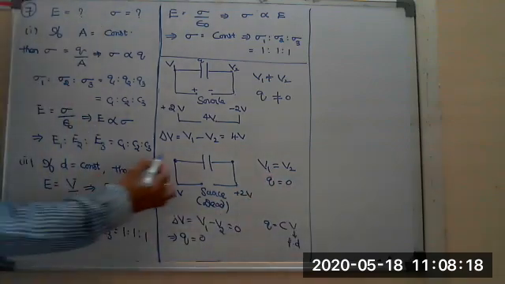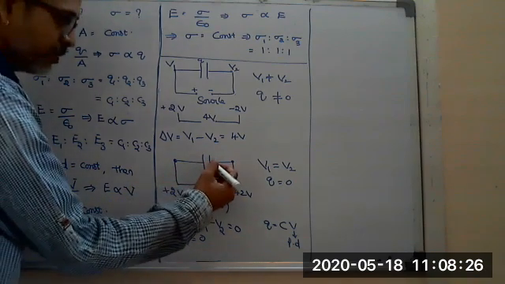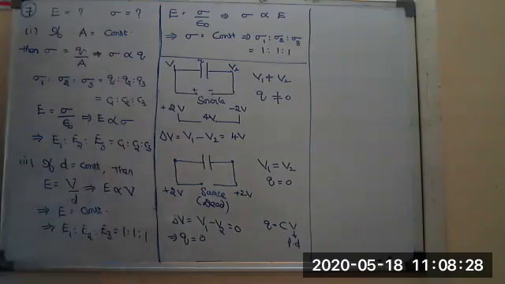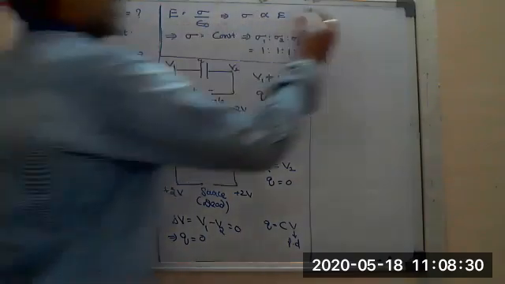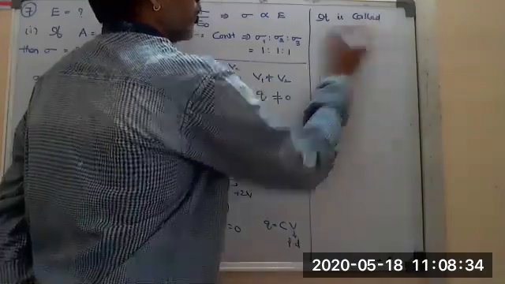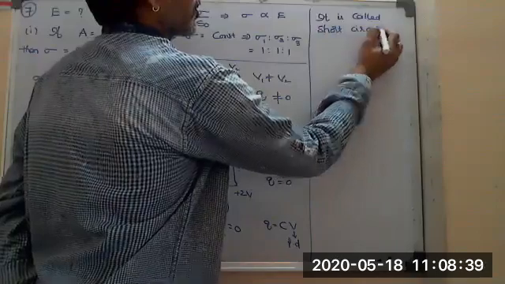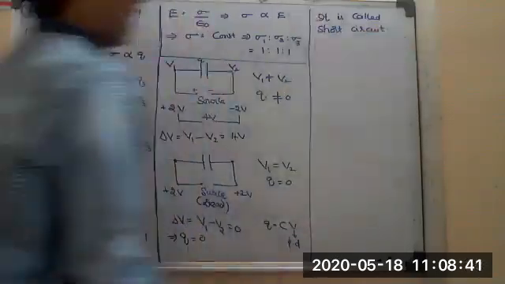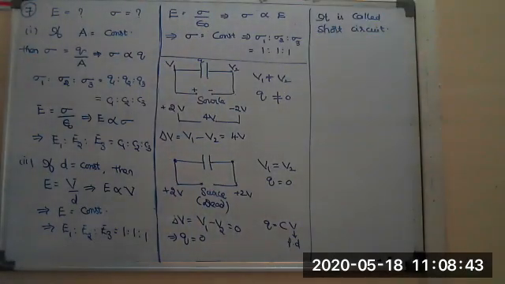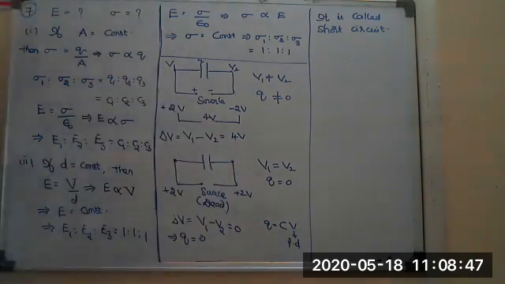Such a type of connection is called short circuiting the capacitor. That circuit is called a short circuit, and the process is called short circuiting the capacitor.